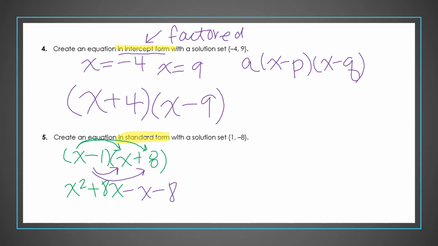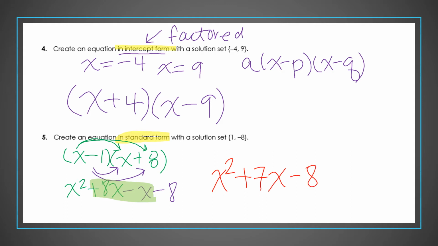And then the last thing that we'll need to do is to combine like terms, and I do have my outside and my inside, or my OI, need to be combined, so that is going to give me x squared, positive 8x minus x is positive 7x, and then the constant of negative 8.